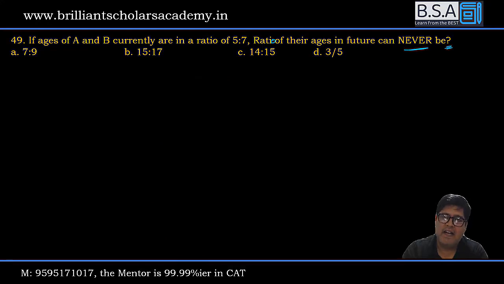If the current ages are in the ratio of 5/7, in future their ratio will never be. Good, very good. We have already got one answer.